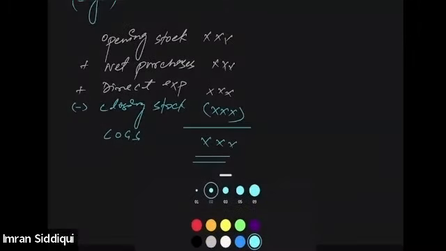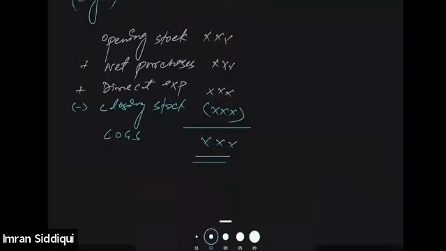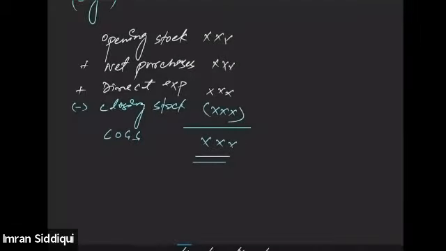And there is one more formula that you will have to learn, which is the formula for the adjusted purchase. Adjusted purchase means, how do we calculate adjusted purchase? We take the value of the opening stock plus net purchases, just like COGS.